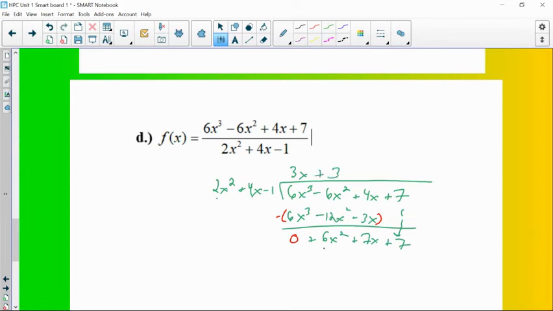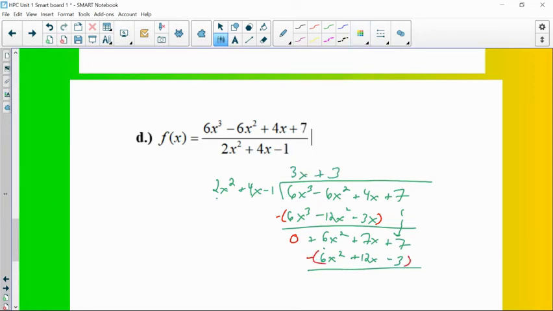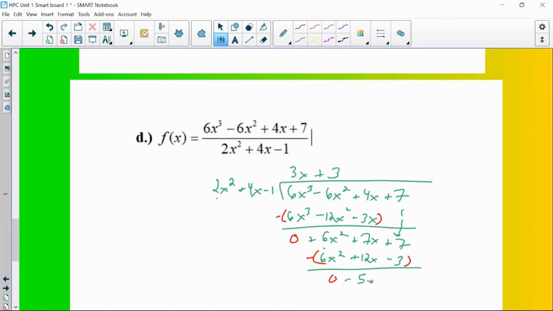So 3 times 2 is 6x squared, 3 times 4 is plus 12x, and then 3 times negative 1 is negative 3. And then again, one more final reminder, I'll write it in red, we subtract. So 6 minus 6, we want that 0. That's how we know it canceled. And then 7 minus 12 becomes negative 5x. And one more, be careful, 7 minus negative 3 becomes positive 10.